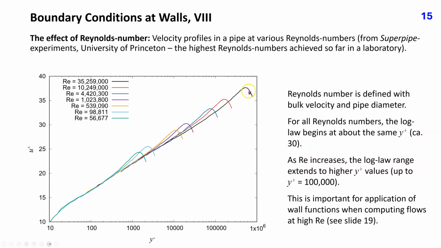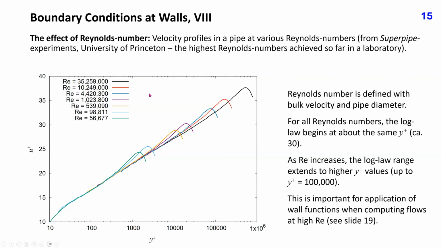This plot shows velocity profiles in a pipe at various Reynolds numbers derived from experiments performed at the University of Princeton, known as the superpipe experiments. These were the highest Reynolds numbers achieved so far in a laboratory. Reynolds number is defined with bulk velocity and pipe diameter, and the largest Reynolds number was 35 million.